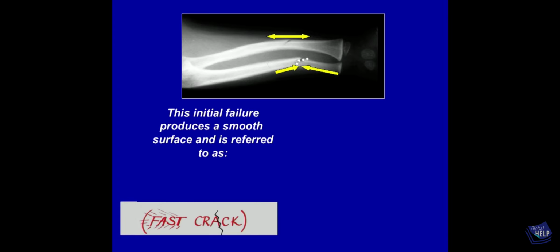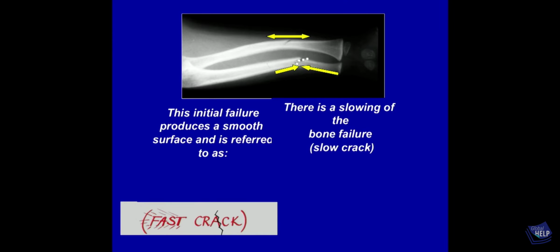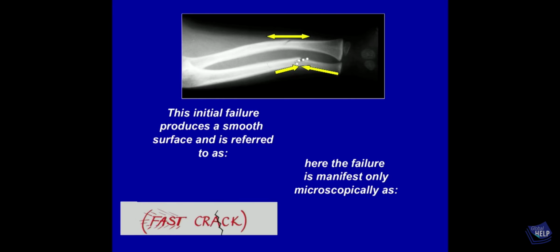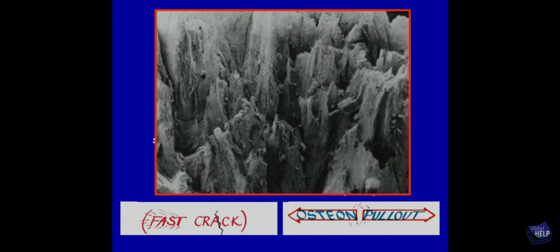Now the other part, the other cortex on the concave side, is intact on the compressive side, and it's still intact because you've lost the energy from the elastic and plastic deformation, and that's the slowing of it. And macroscopically, in a fracture, you'll see these little bone unit cells.